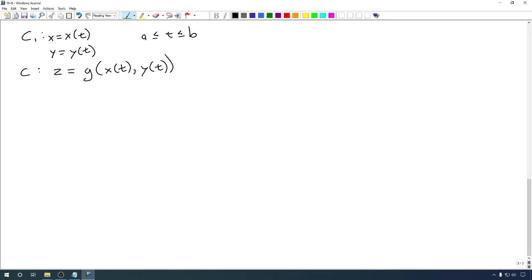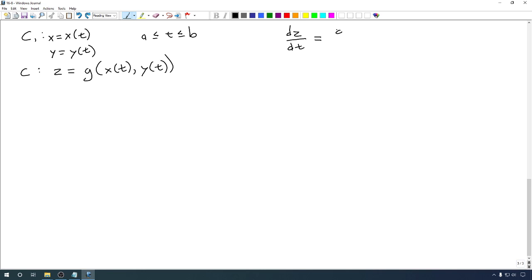Now, when I actually take the line integral, I'm going to need the derivatives of these. For x and y, those are just going to be dx/dt and dy/dt. But for z, we're going to have to use the chain rule. dz/dt, we're going to have the derivative of g with respect to x.